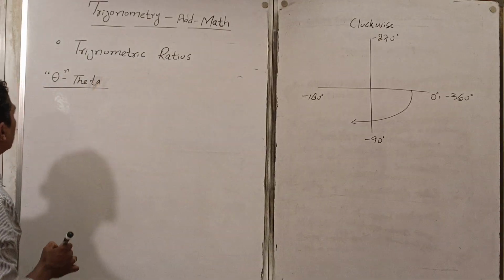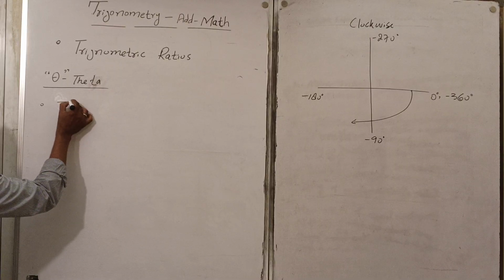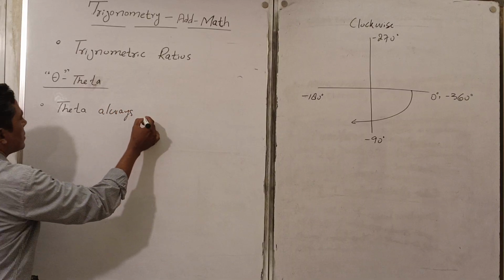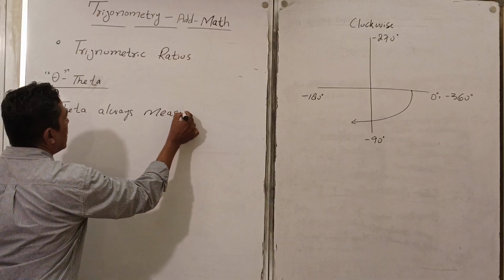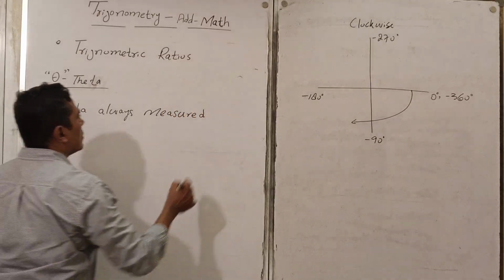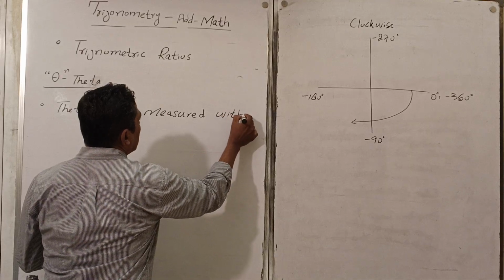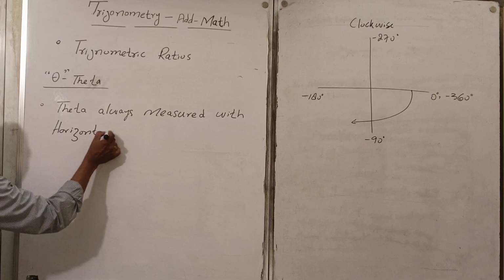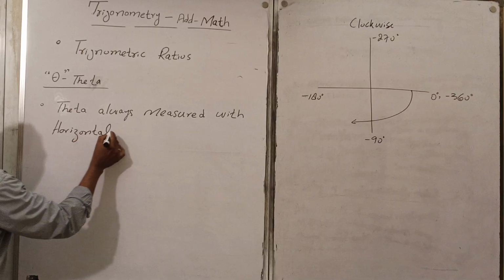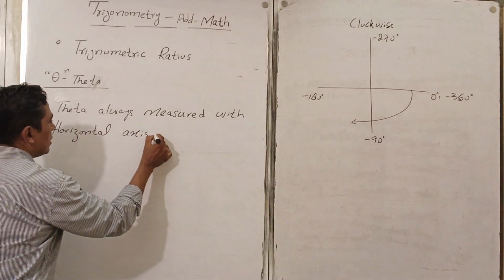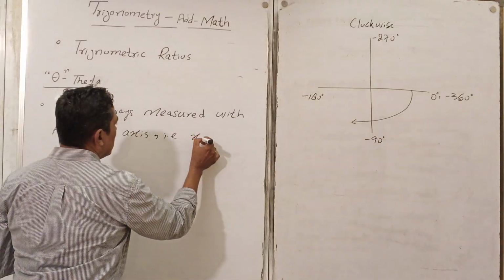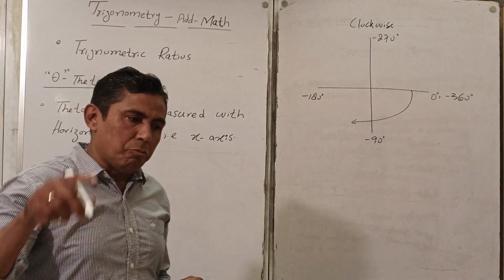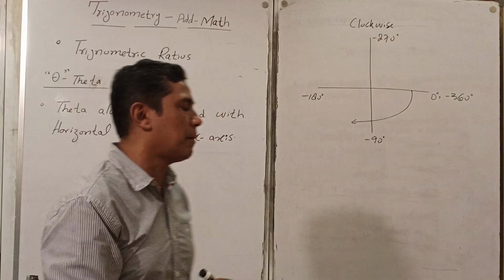Number one, theta is always measured with the horizontal axis, that is the x-axis. Am I right? Yes. Always measured with the horizontal axis, that is the x-axis.